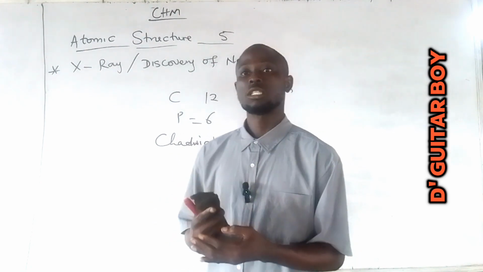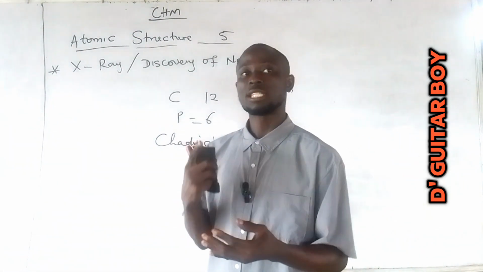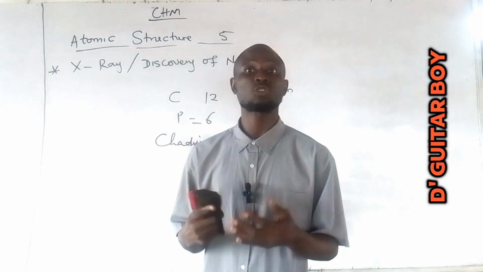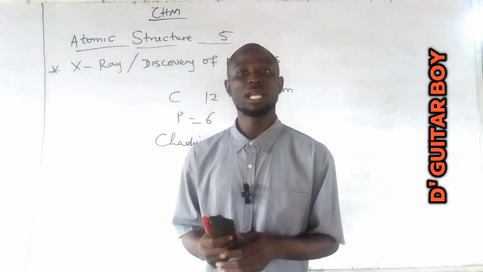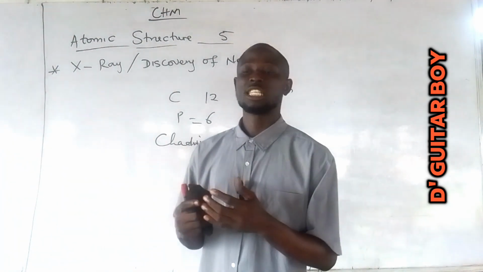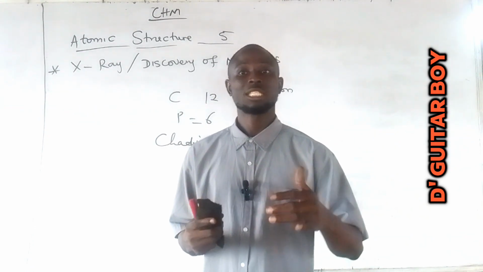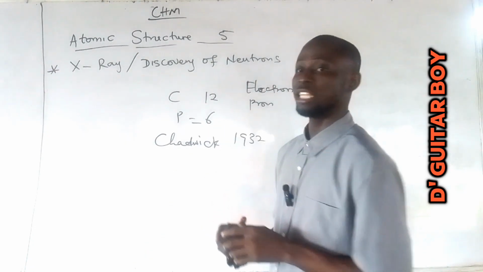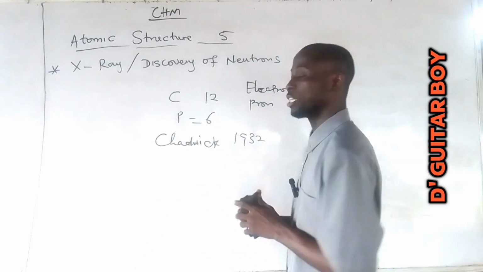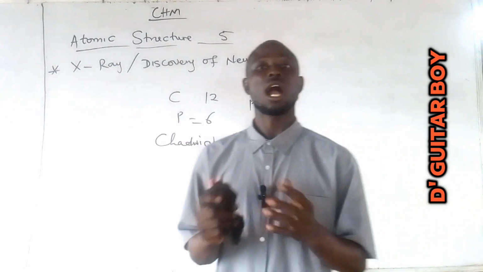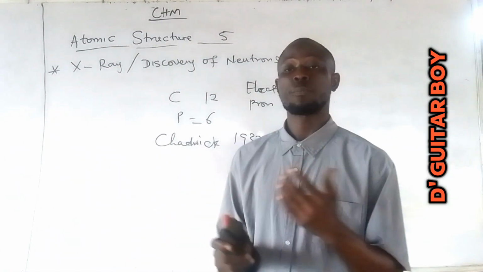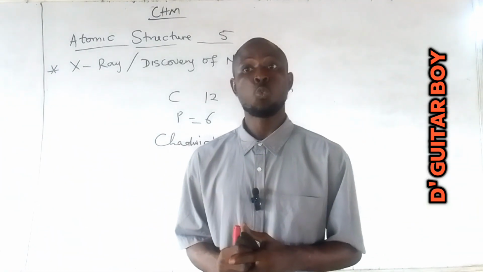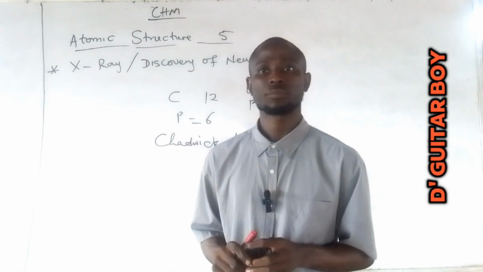We said that Mosley was able to assign atomic number to different elements by the amount of X-ray that they emit. And finally, Chadwick in the year 1932. So this is how the subparticles of an atom were discovered.